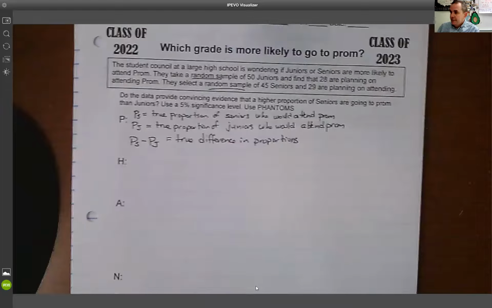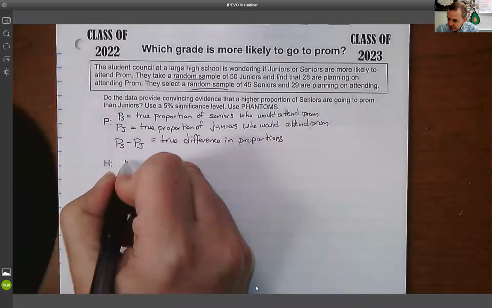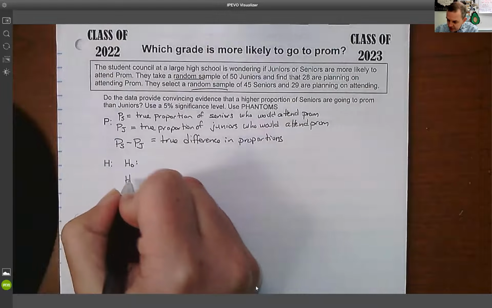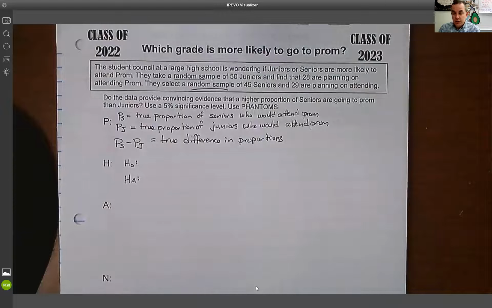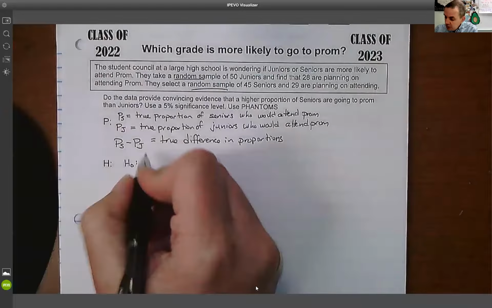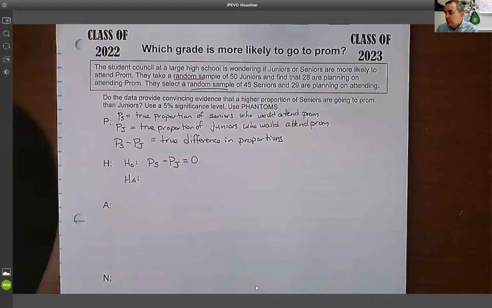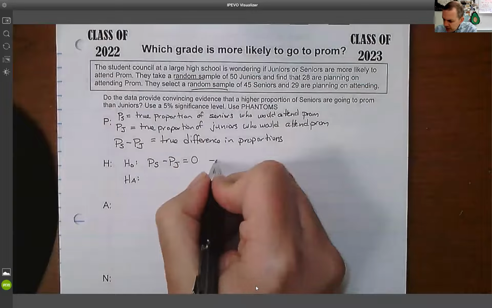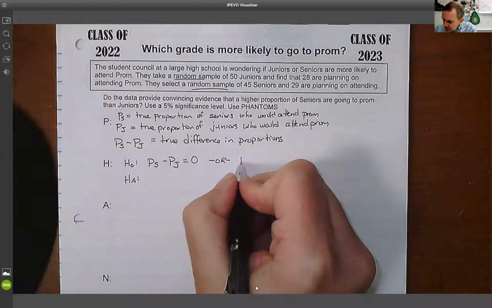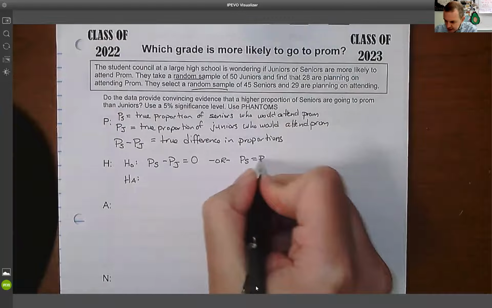Okay. Next thing is we have hypotheses, and as always, there's going to be a null and there's going to be an alternative. In this two sample world, much like in the interval where we were looking for 0, the null is PS minus PJ equals 0, that there is no difference. The null hypothesis is that they're the same. You may also see it written like this, PS equals PJ.